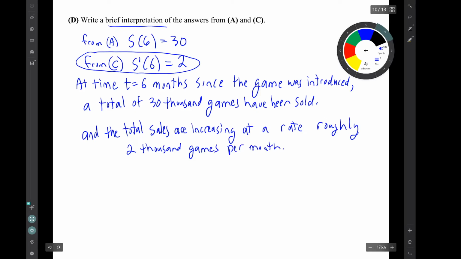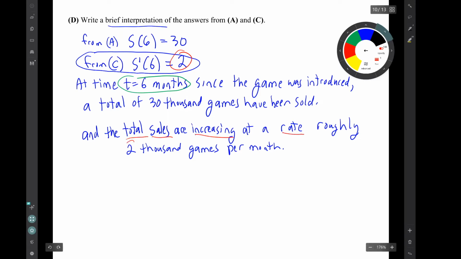there's one interpretation. We still have time t equals 6 months, and we are now talking about the interpretation of this number, the number 2, that is the value of S prime of 6, which is an instantaneous rate of change. So that tells us that total sales are increasing at that rate.